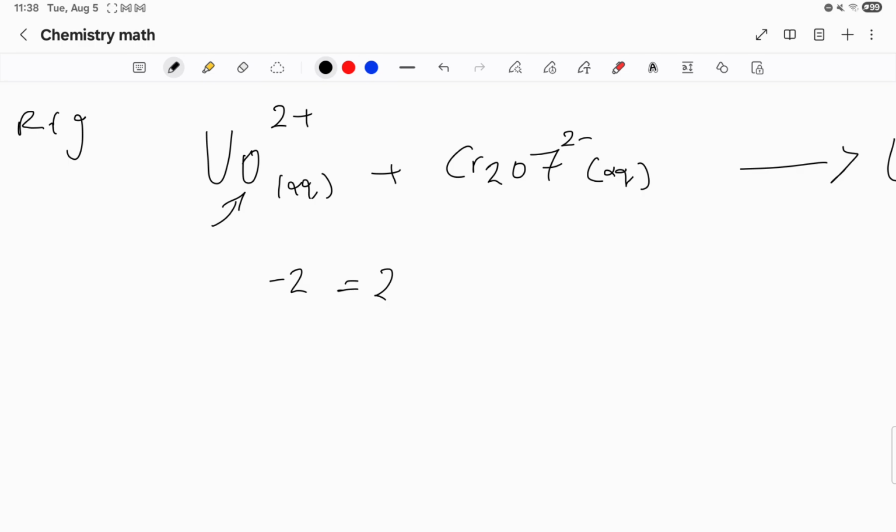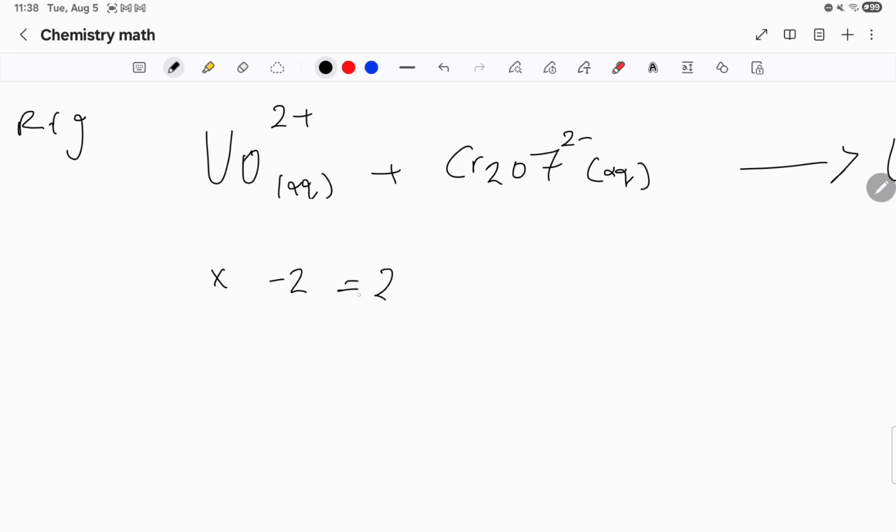I can't find it on the periodic table, to be honest with you, but listen, we don't know the oxidation number of this, but we do know the oxidation number of this oxygen, and we know the charge of the entire molecule, so we can write an equation for it and figure it out.